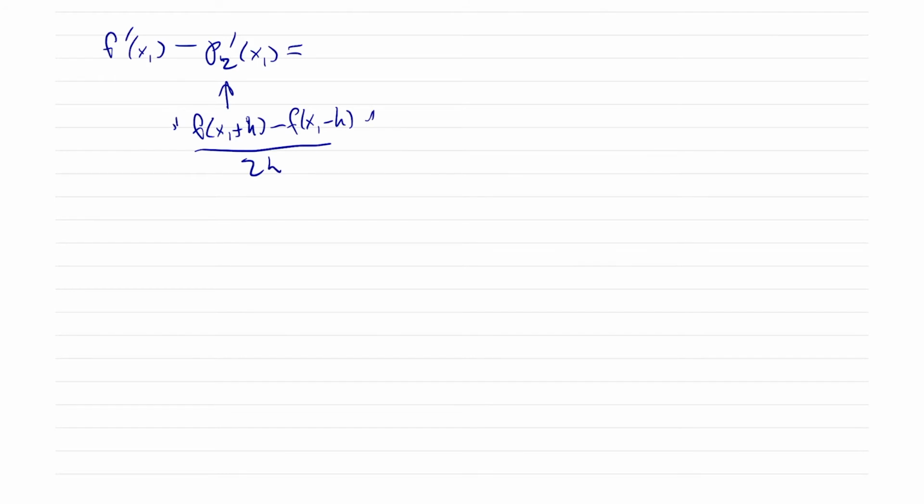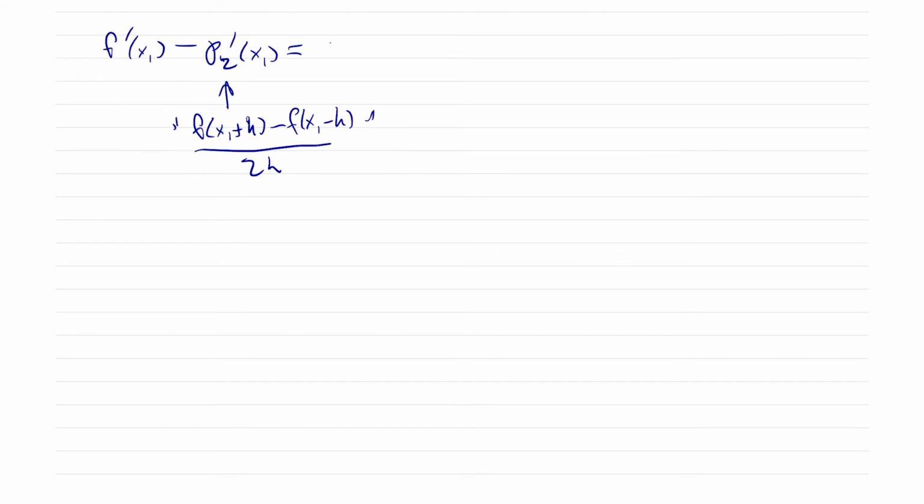So we are looking at f prime of x1, and we want to see what the difference is when I look at f2 of x1, where I chose those particular sites. So this guy we just saw is going to be (f(x1 + h) - f(x1 - h))/2h, right?